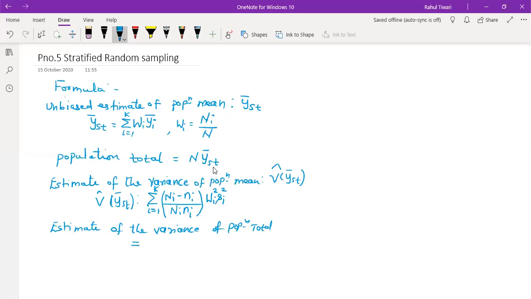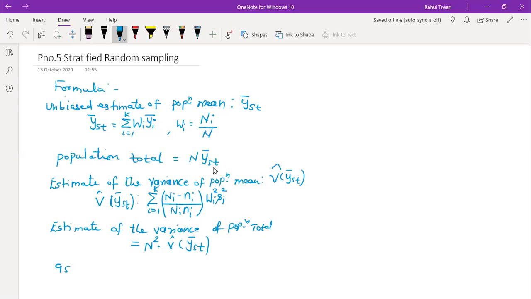N into y bar st. So it is going to be N square into variance of y bar st. So this is the formula for variance of population total. And once it is asked to obtain the standard error, you just take the square root. Similarly, one can go with the formula for the confidence interval.